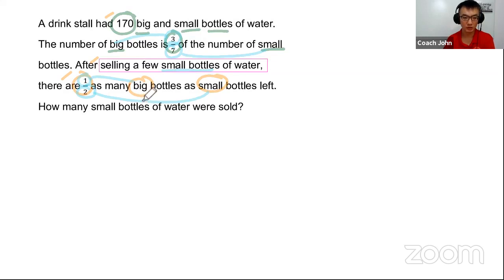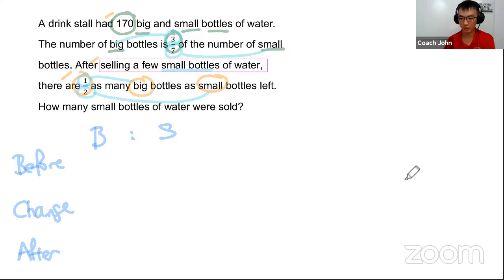So the number of big bottles remains the same, which means that the number of units should be the same for the big bottles. So the layout for one unchanged will be like this. We have big is to small, and we have before, change, after.